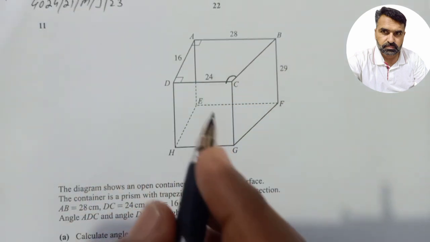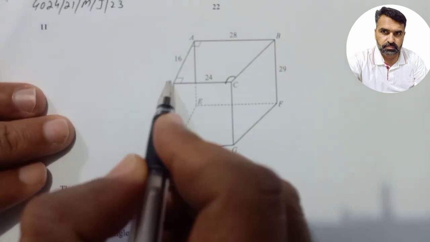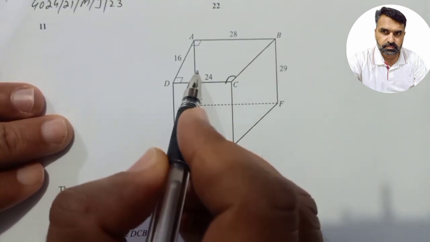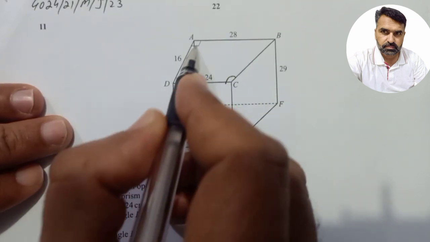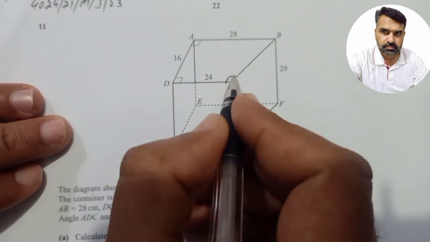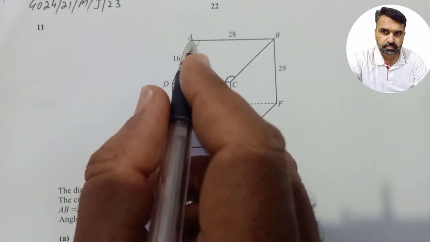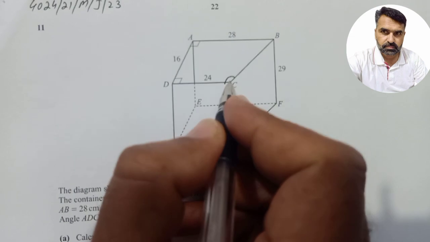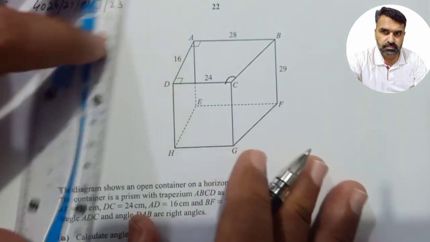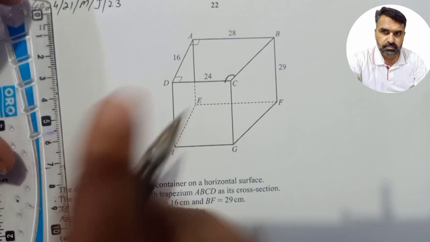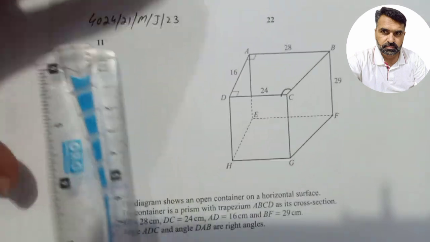If you look carefully, ABCD is a trapezium because these two lines are parallel, as these two angles are right angles. If we draw a line parallel to AD from C, it will become a right angle. I draw this cross-sectional area again to make the point clear.